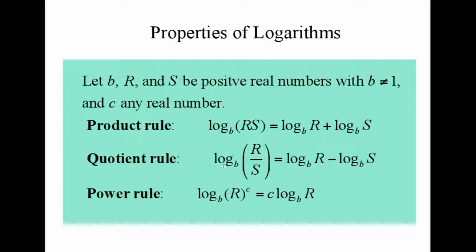We have a quotient rule that says log base b of the quotient r over s equals log base b of r minus log base b of s. And we have a power rule that says log base b of r to the c power is equal to c times log base b of r. Again, these are very useful rules when we are working with logarithmic equations and trying to solve them.